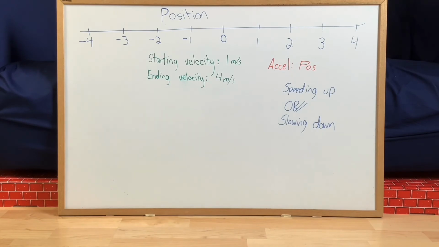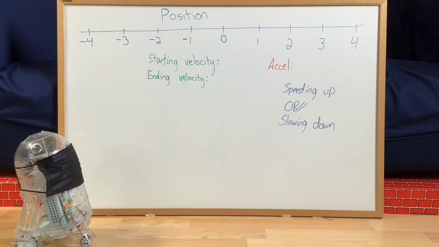The speed increased, so we're speeding up. Another way to work this out is that velocity and acceleration are both positive. Or more generally, that velocity and acceleration have the same sign. In this case, they're both positive. Let's take a look at another example. Let's once again make R2 roll across the floor.